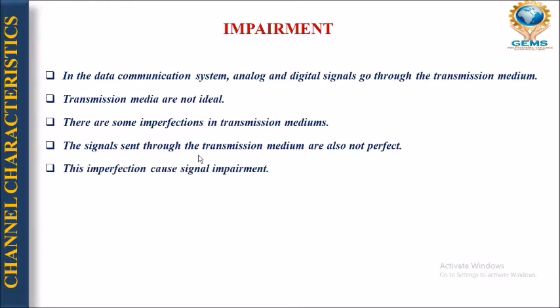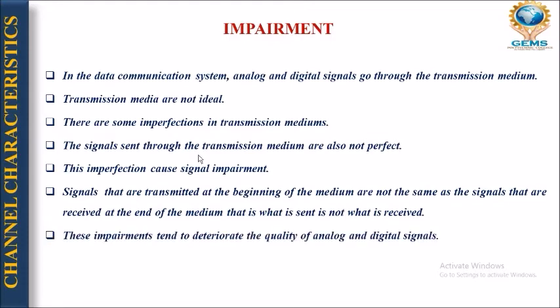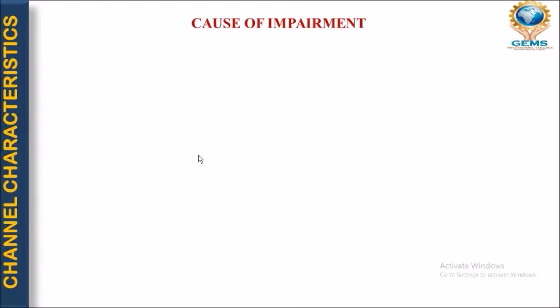This imperfection causes signal impairment, or simply impairment. The signal transmitted at the beginning of the medium is not the same as the signal received by the receiver, which means there is impairment in the signal. Due to these types of impairment, the quality of analog and digital data deteriorates. Both types of data deteriorate if such impairment exists.